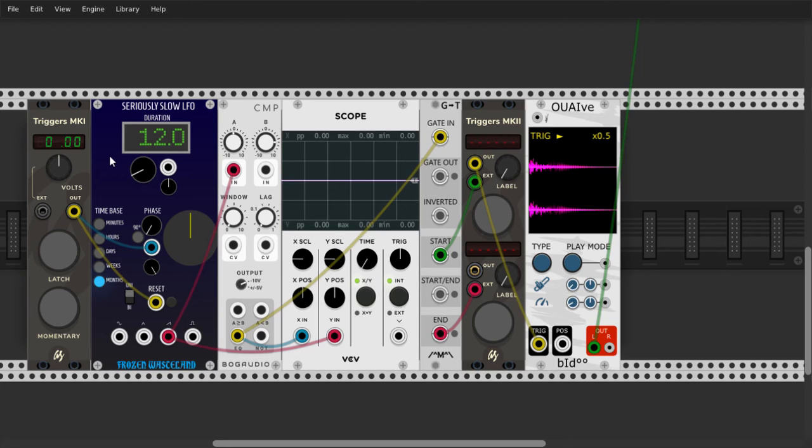And if you're using 0 to 10 volts, that is 100,000 distinct units of control voltage. Therefore, we can describe time on this year-long LFO with a resolution of 100,000th of a year.